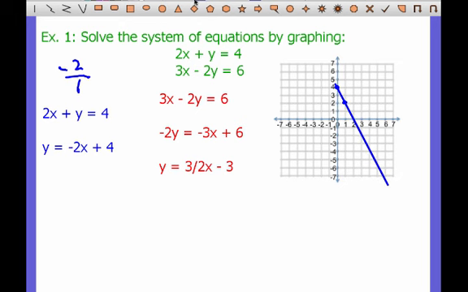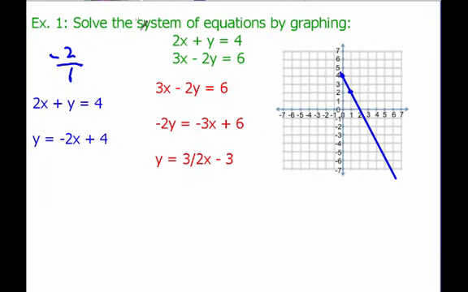Okay, now I'm going to do the same thing for the red equation. I know my y-intercept is at 0, negative 3. And I know that my slope is 3 over 2, which means 3 up, 2 right. So I'm going to go up 3. That's 1, 2, 3. 2 right puts me right here.